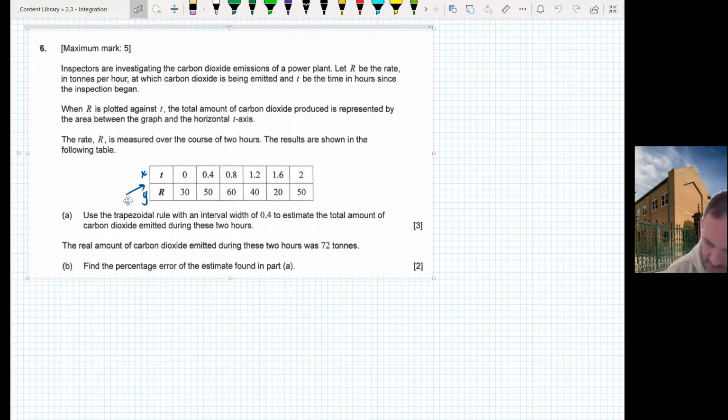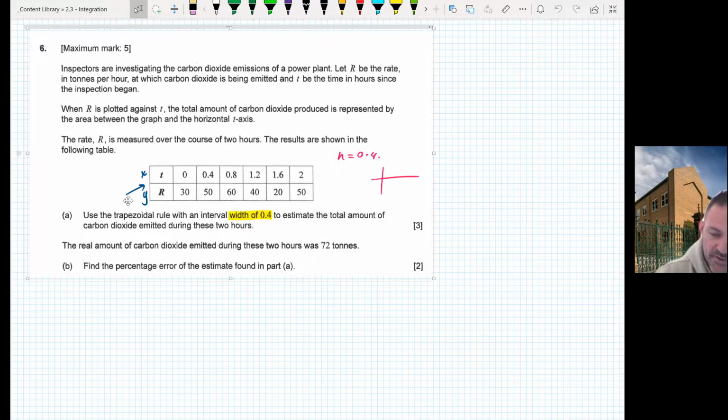The minute I say interval width of 0.4, that's telling me that the height is 0.4. That's the width of my trapeziums. For this question, if you wanted to draw this out, you could draw your trapeziums.